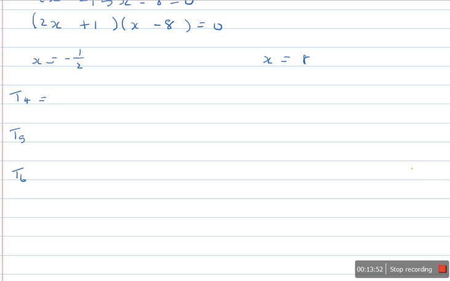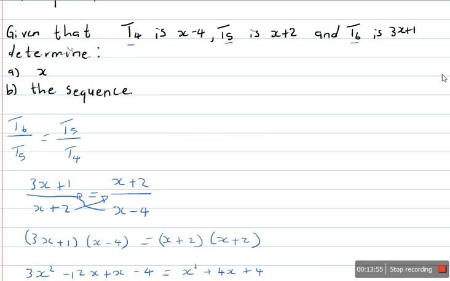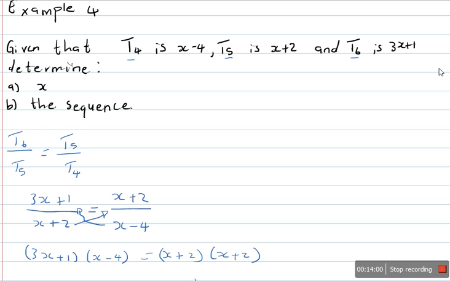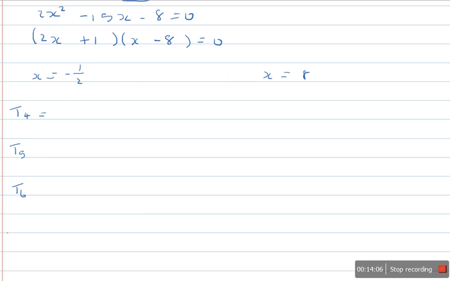T4 was x minus 4, T5 was x plus 2, and T6 was 3x plus 1.